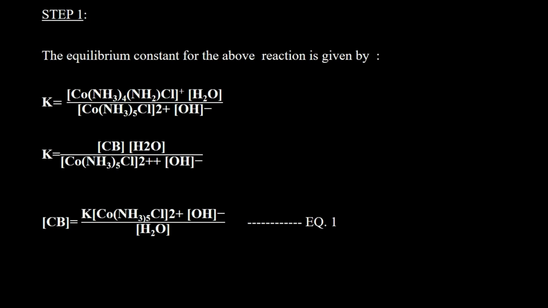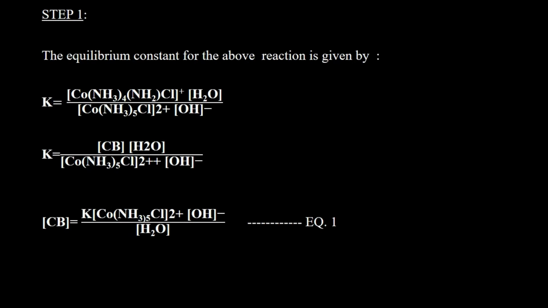The equilibrium constant for the above reaction is given by K = [Co(NH3)4NH2Cl]+ [H2O] divided by [Co(NH3)5Cl]2+ [OH-]. [Co(NH3)4NH2Cl]+ can be written as Cb.